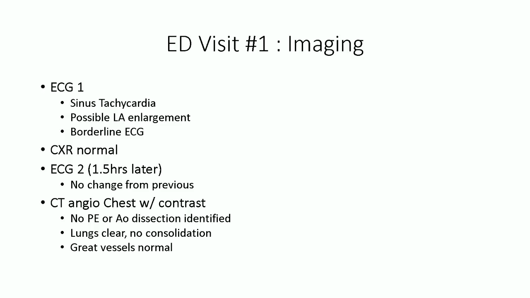Initial ECG showed sinus tachycardia with possible left atrial enlargement. A chest x-ray was also performed and found to be normal, and then a repeat ECG was consistent with the initial, still having sinus tachy. So CT angio of the chest was performed with contrast to rule out any possible pulmonary embolism or aortic dissection, and that was indeed negative, and the lungs were also found to be clear.